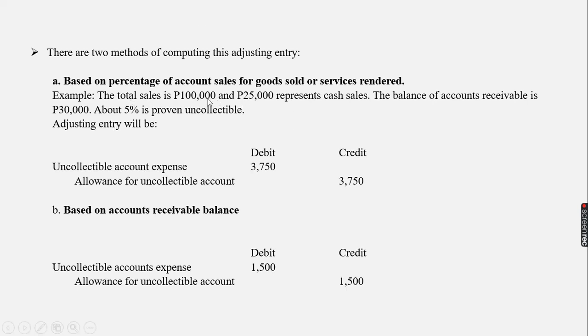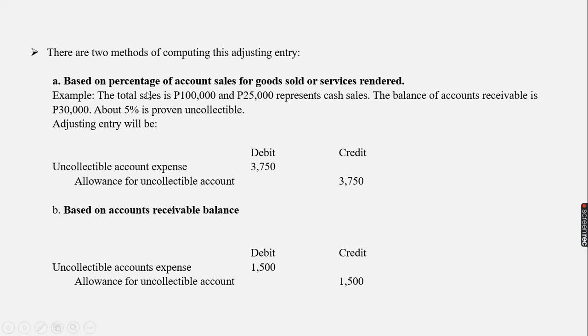And then, minus natin yung 100 less 25 na cash sales mo. So, may pautang ka, may pinautang ka na sales mo na 75,000. And yung balance ng accounts receivable mo is 30,000.